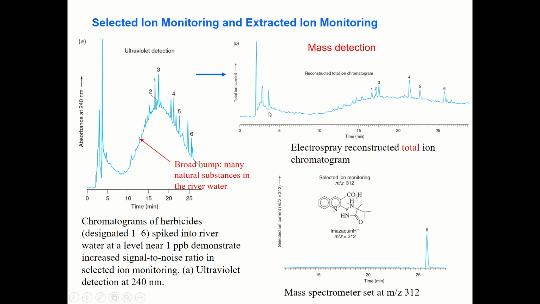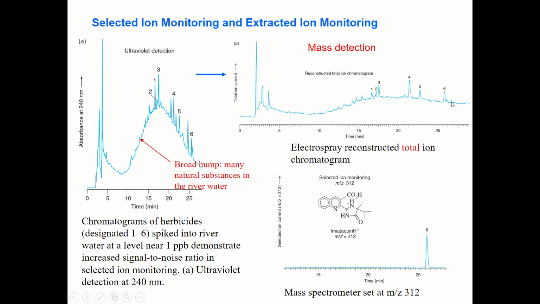And then you get a much nicer peak. This kind of spectrum is nicer than this spectrum. The background is well removed. This is a reconstructed total ion chromatogram.